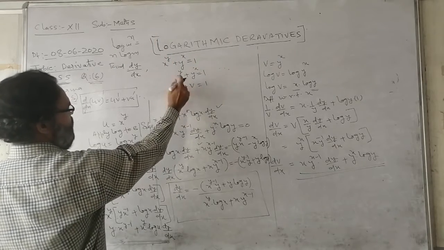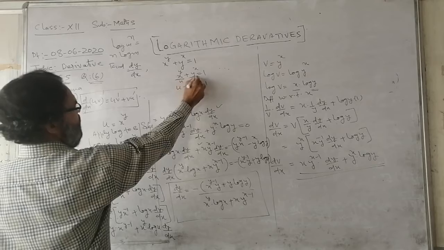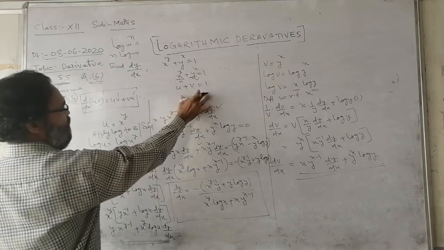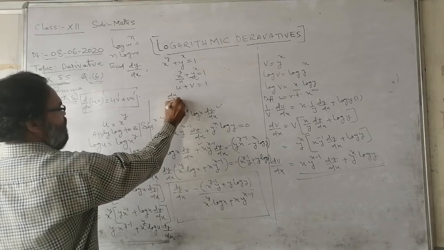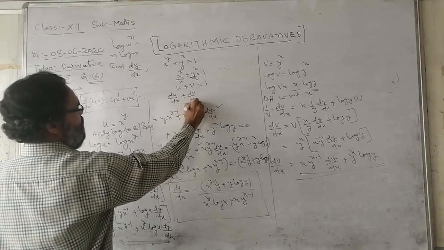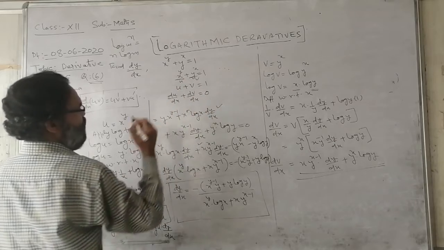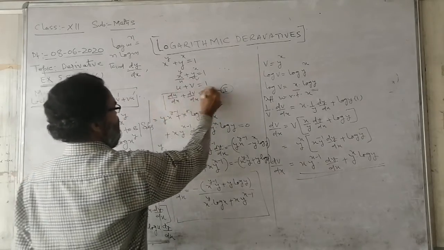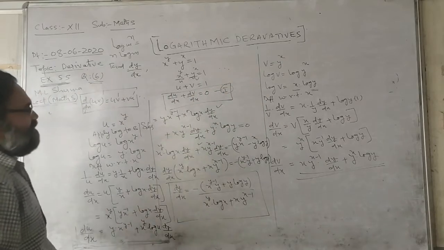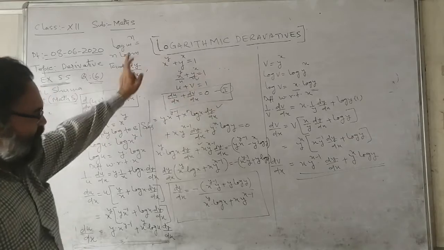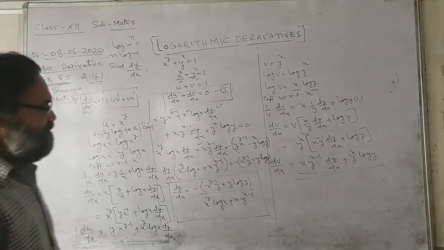So if I put this as u and this as v, so that means u plus v equal to 1. When I will differentiate, it will be du upon dx, dv upon dx, and its derivative is 0. So I will turn this as first term. And lastly, I will put the values here, and this is equal to 0.